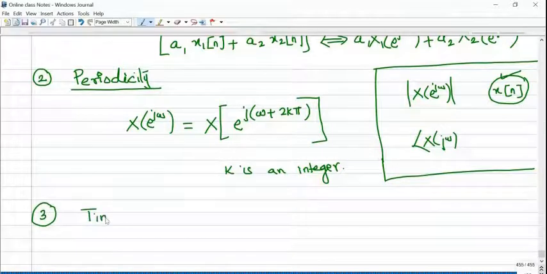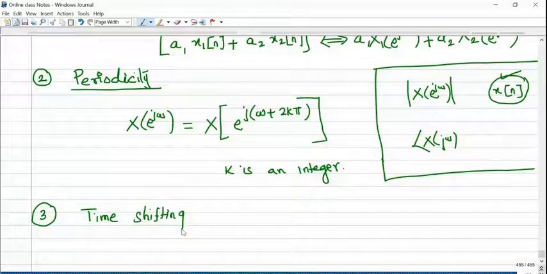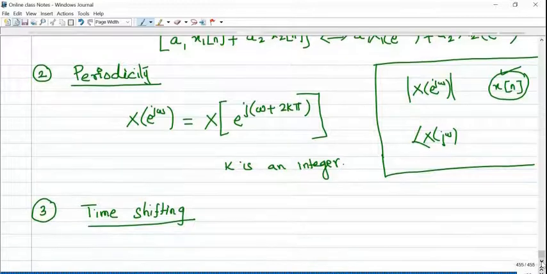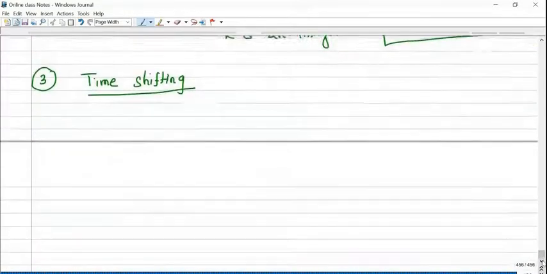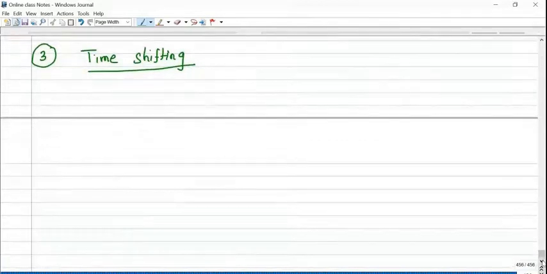Next one, time shifting property. Time shifting, time reversal, frequency shifting, differentiation, all these properties we already discussed in Fourier transform as well as in Laplace transform. Time shifting property.